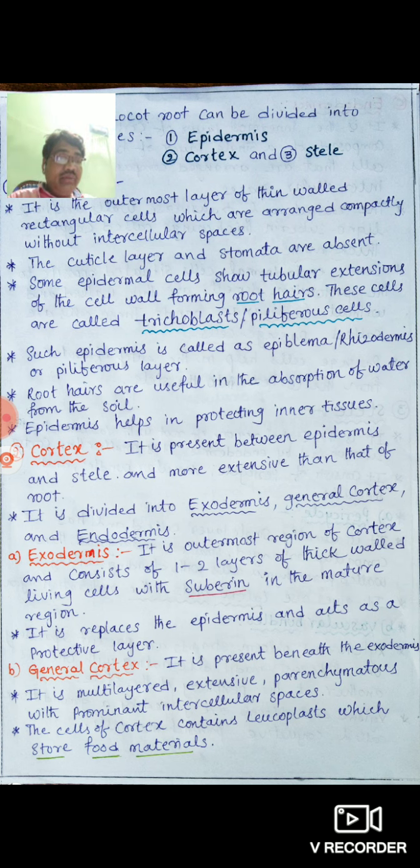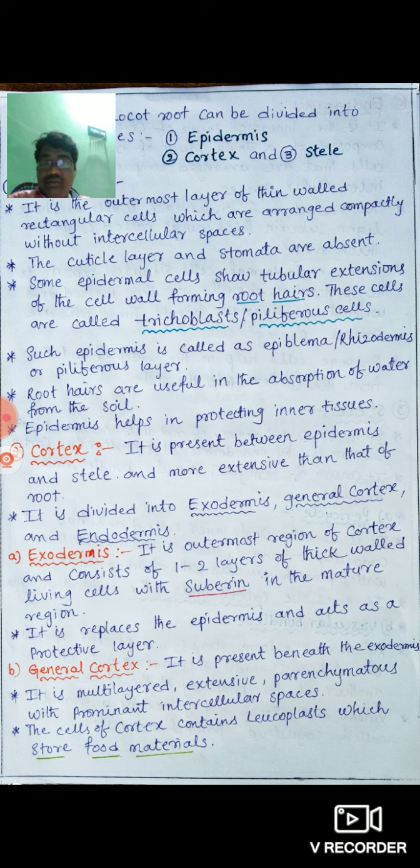It is parenchymatous and clearly divisible into the exodermis, general cortex, and endodermis. The cortex is divisible into three regions again, that is exodermis, general cortex, and endodermis.